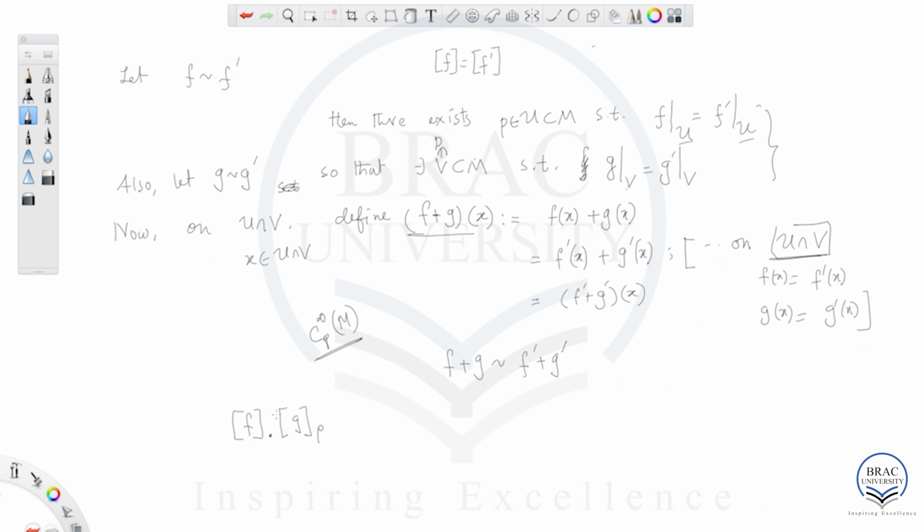If I pick two elements from here, then according to 2, I can define the product of two elements here as the product this way, and we can verify, similar to this equivalence relation, that this is also a well-defined product between two elements here.